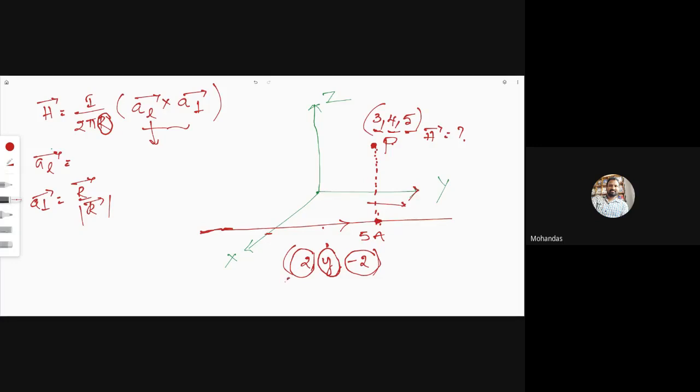We can't change the X and Z values. Which can we change? Y. So whatever the field point Y coordinate is, we have to replace that Y coordinate value. At that particular point, we can say that we established a perpendicular distance. Then the source point will be 2, 4, -2.